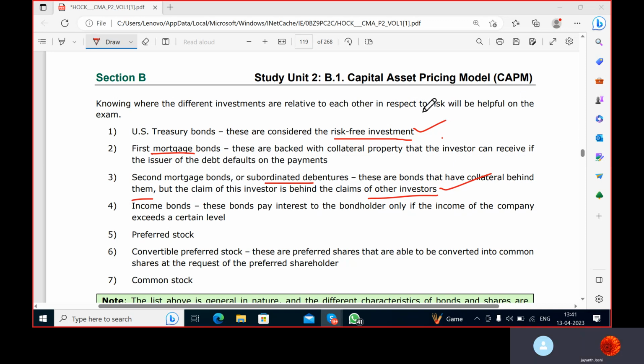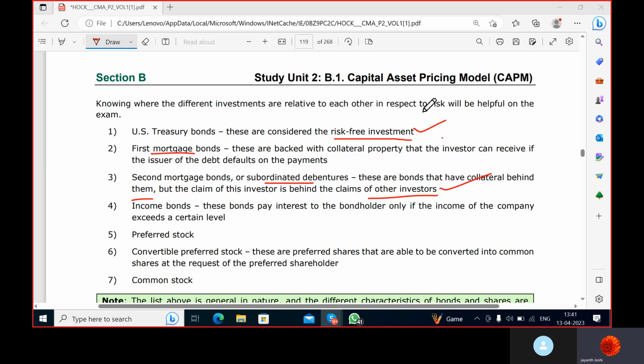Hello. Yeah, sir. See, the version these people are giving for subordinated debentures is somewhat controversial. Actually, subordinated debentures are unsecured debentures. They do not have any security as collateral. But these guys are saying that the bonds have collateral behind them. What is the collateral?